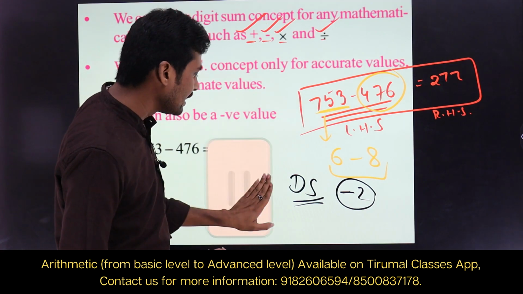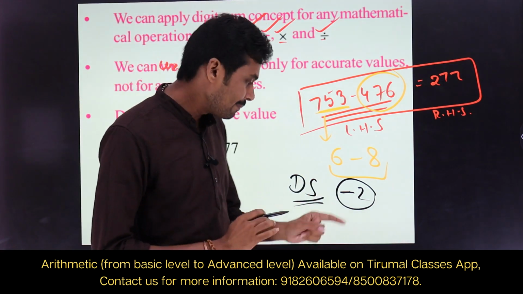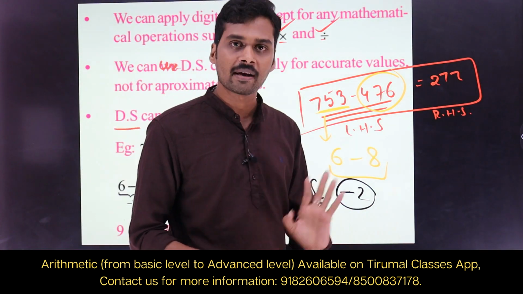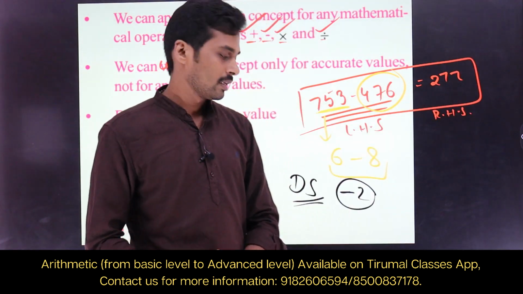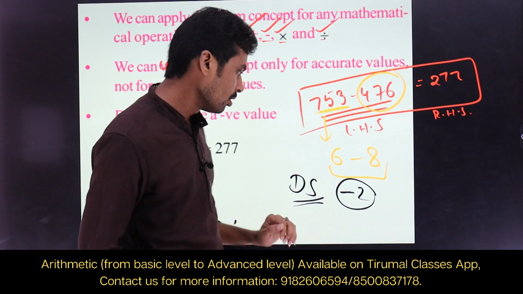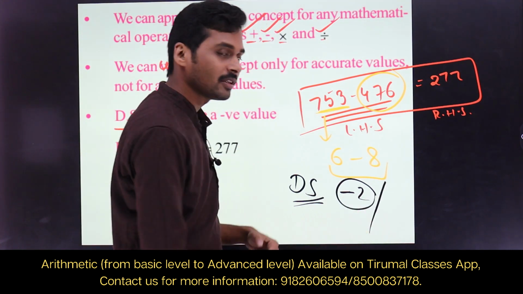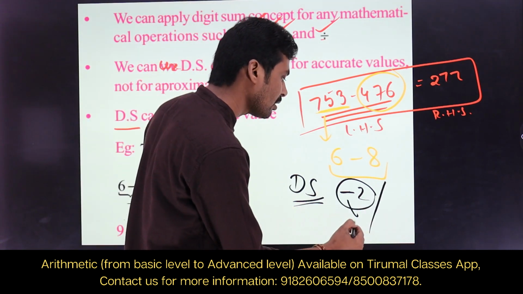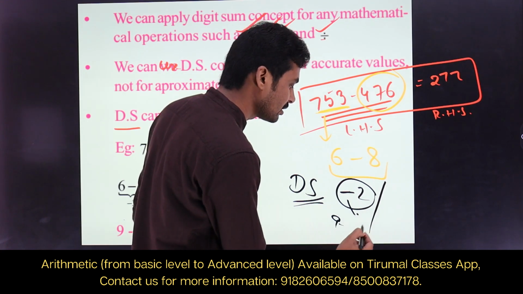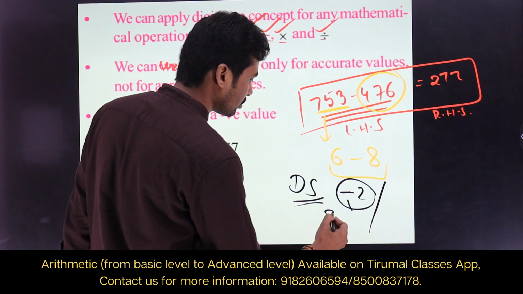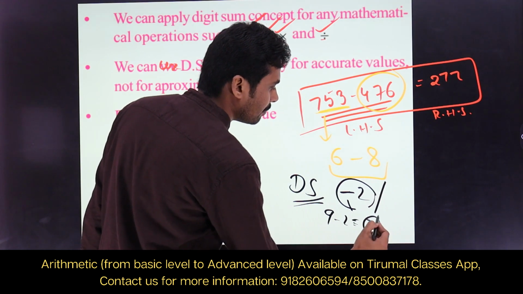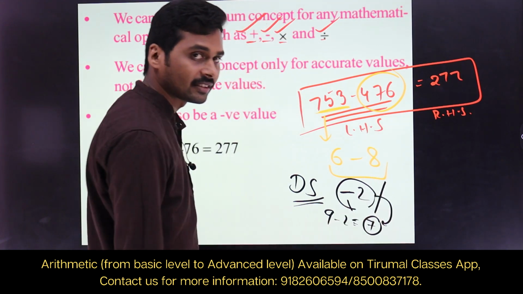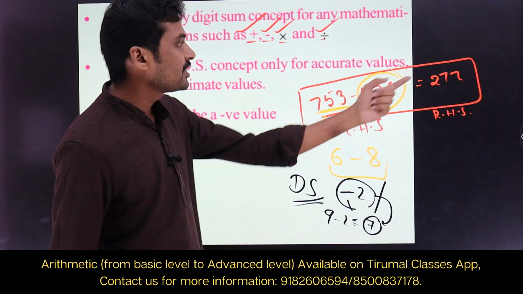Whenever you get a negative value in the DS, immediately subtract that value from 9, and that is our final positive DS value. Here I got minus 2, so to express it as a positive value, it is 9 minus 2, which is nothing but 7. Minus 2 and 7 are both the same. You can check it here.